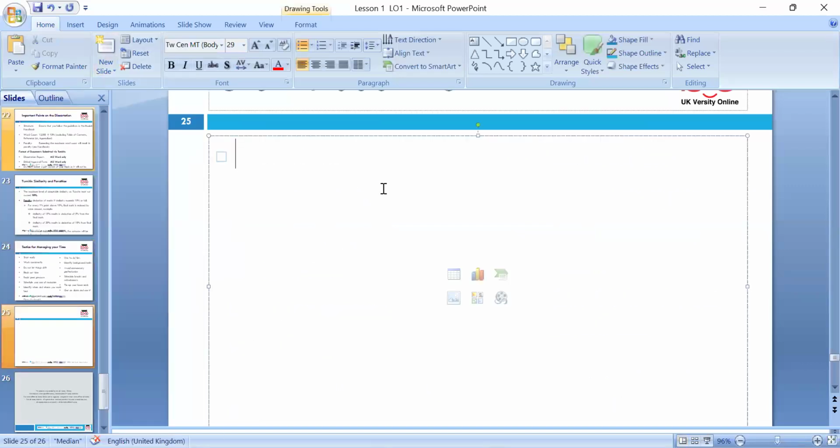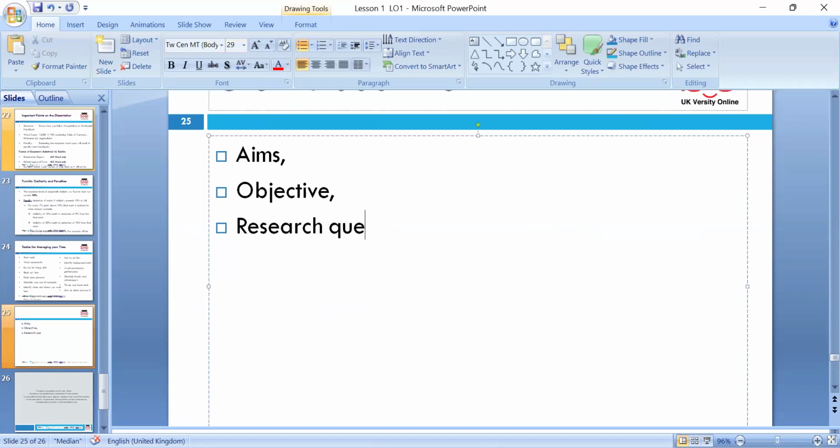So today we discussed aims. Aims are what you do, objectives are what you achieve, and questions are what you develop to test it.